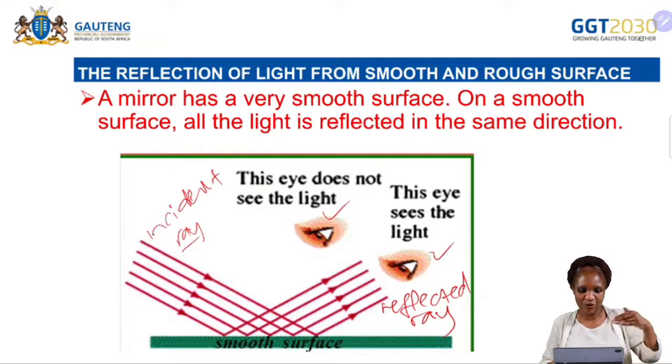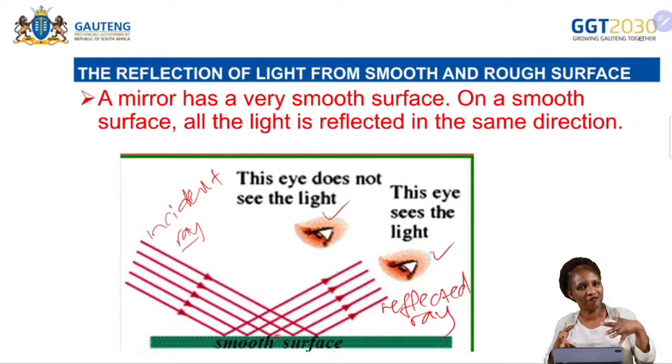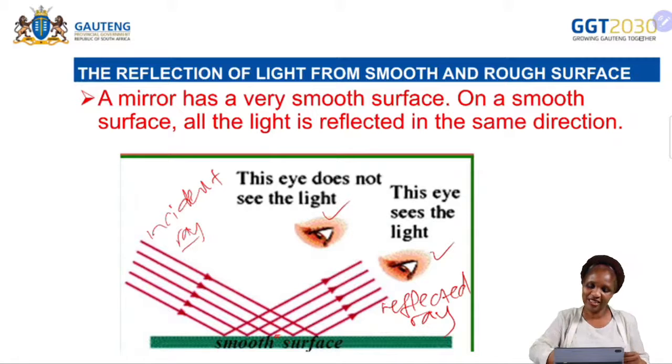Okay, when it comes and then it strikes a smooth surface, what will happen? Then it will reflect. Okay, then this eye is receiving light from the surface. That's why it is seeing light. Do you understand that? That's good.